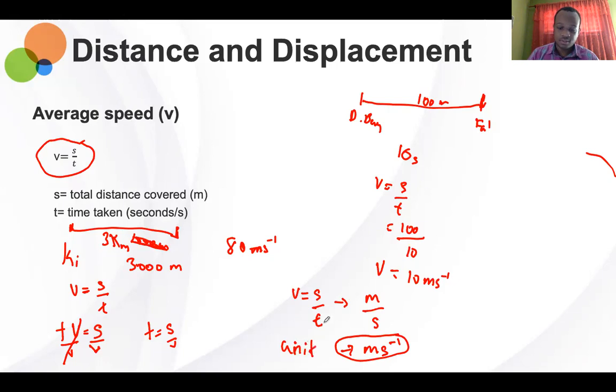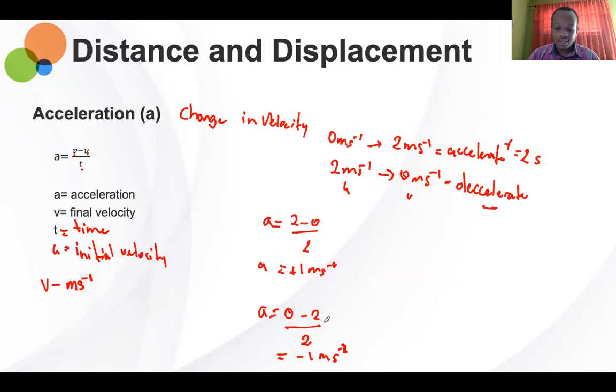And now we go over to acceleration. We have the difference in velocity here. So we have the final velocity V and the initial velocity U. The unit up at the top would be velocity, because it will be the difference.